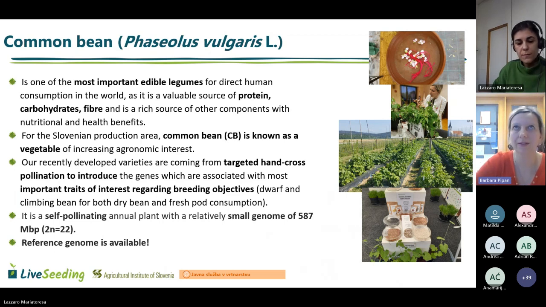The breeding objectives in our program are associated with this specialty of the common bean plant and its reproductive biology. It is very important to know that common bean is a self-pollinated annual plant with a relatively small genome. It is a diploid species, and it has had an available reference genome since 2014.